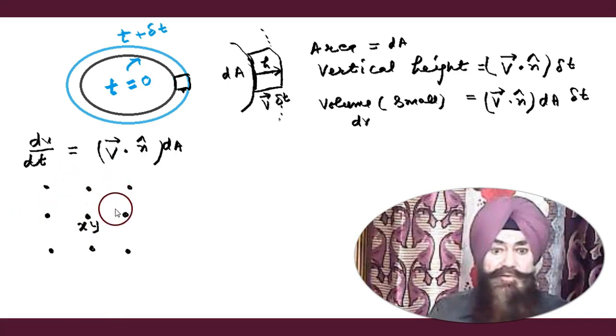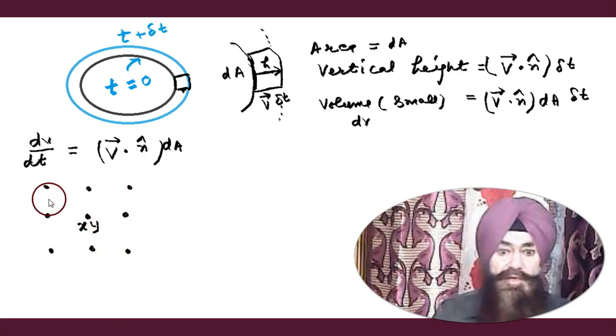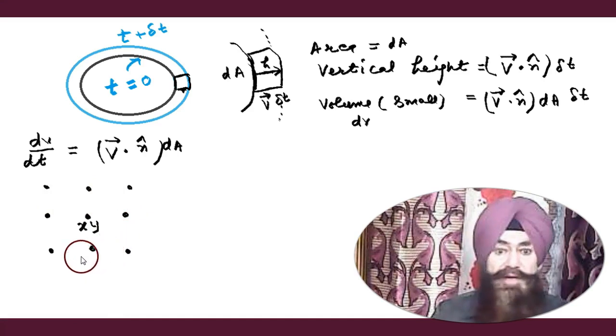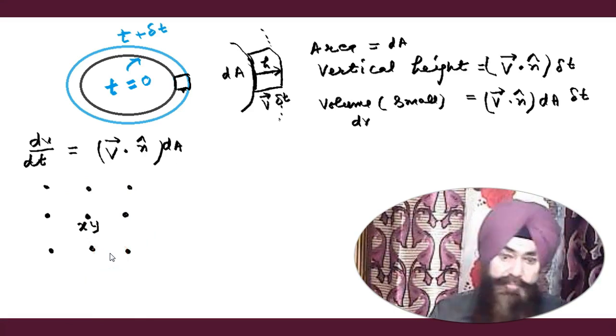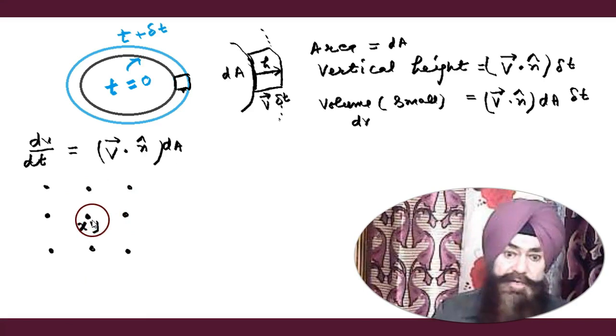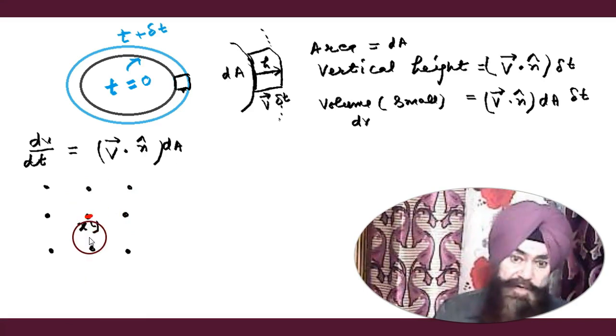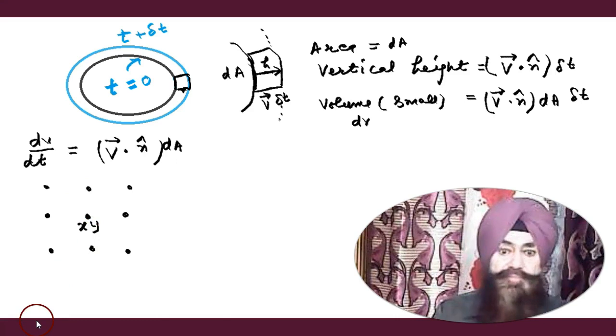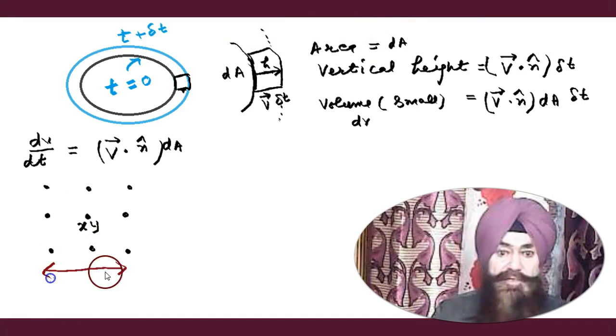Now consider a phase space having some points. Phase space is characterized by position and momentum or velocity. Let this point have coordinate x, y. Now along this side, this distance is how much? Delta x. And half distance is delta x by 2.